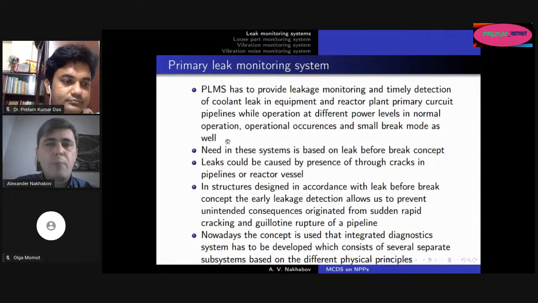The first answer is that it's just impossible to find small leakages this way. Yes, the operator has access to see pressure in the primary circuit. For example, in normal operation this pressure should be 17 megapascals. If the operator sees not 17 but 15, he will say, oh, it's possible leakage, we should do something to prevent coolant from leaking in the primary circuit.